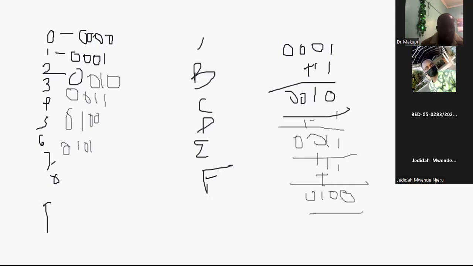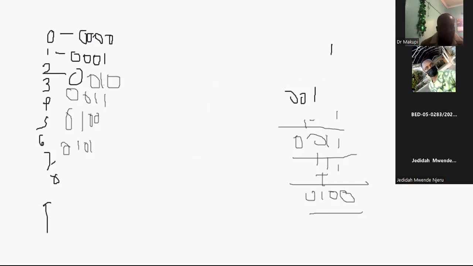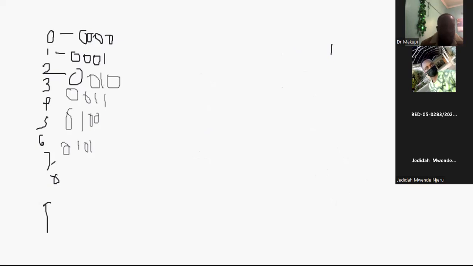There are many ways you can follow a pattern, up to where you end at 1111 at position F, all the way from 0 to 9, A, B, C, D, E, up to F. I hope we are together, unless there's someone who doesn't understand. Anyone who needs an explanation?